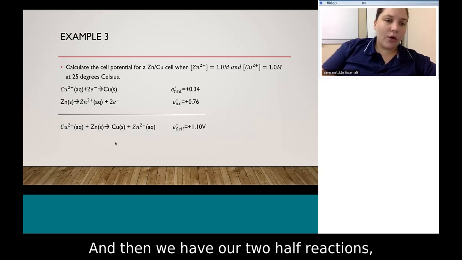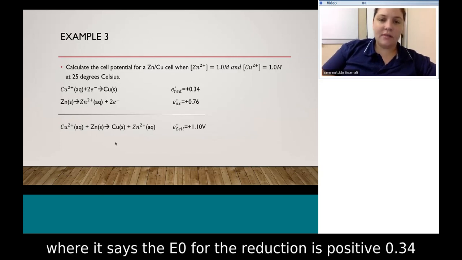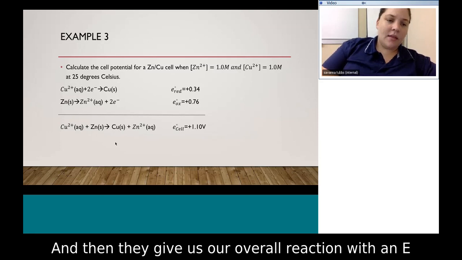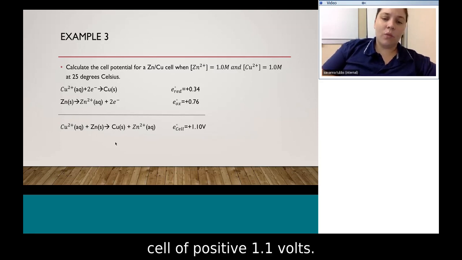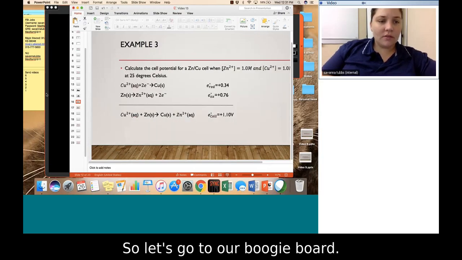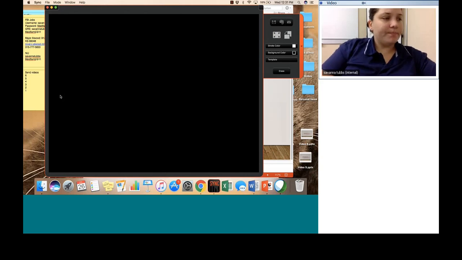And then we have our two half reactions where it says the E0 for the reduction is positive 0.34 and the E0 for the oxidation equals positive 0.76. And then they give us our overall reaction with an E cell of positive 1.1 volts. So we need to calculate the cell potential. So let's go to our boogie board.